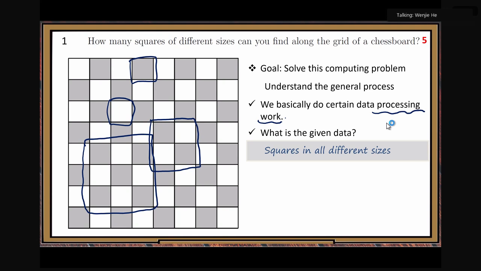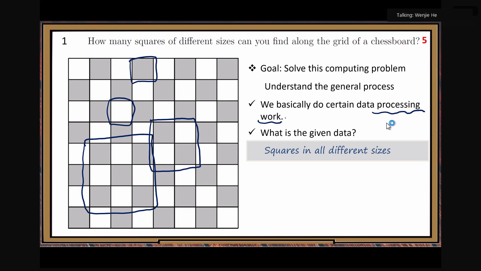Go all the way to the largest size, 8 by 8. From 1 by 1 through 8 by 8, how many sizes? So this counting is quite easy and pretty straightforward.